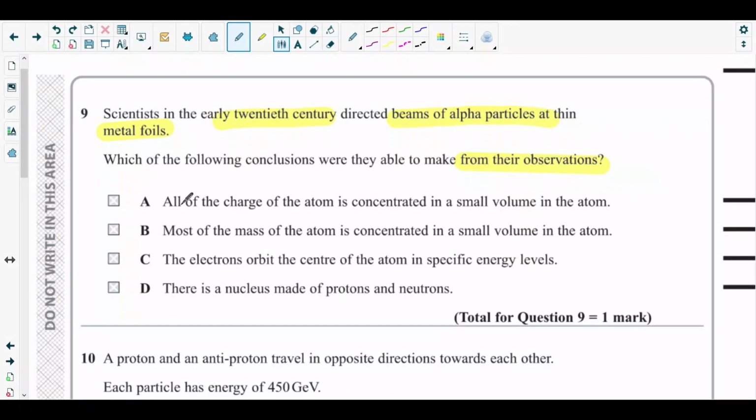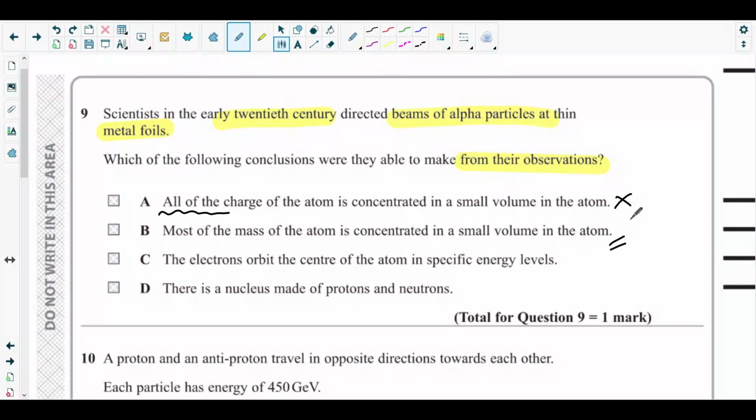Option A says all of the charge of the atom is concentrated in a small volume in the atom. All of the charge means that both positive, negative, neutral, all charges are concentrated in a small volume. No, it was not observed, right? So A is not possible. Option B says most of the mass of the atom is concentrated in a small volume in the atom. Yes, it is possible.